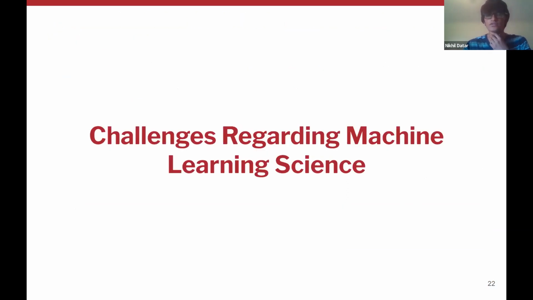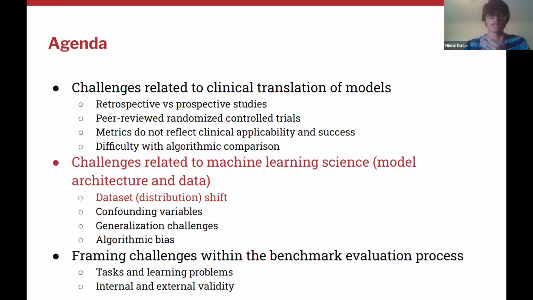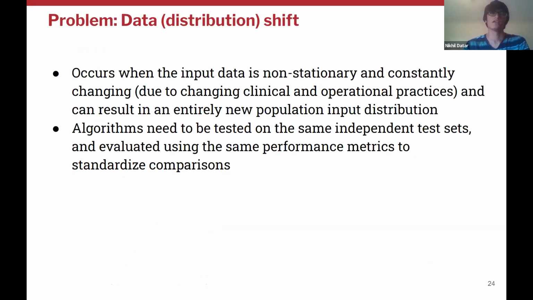Now let's move on to challenges outside of the actual translation, but more focused on the actual machine learning science itself. And we're going to start off with data set or distribution shift. Now, the problem with data shift or distribution shift occurs when the input data is non-stationary and is constantly changing.